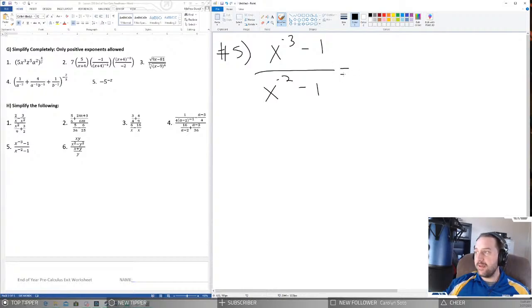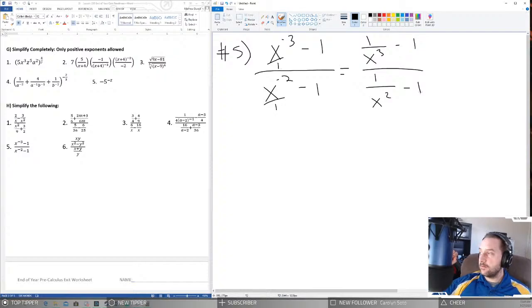So if we imagine that that is over 1, and then that is over 1, we need to first rewrite that like so. And then we can view this minus 1 as negative 1 over 1, so that we have a numerator and a denominator. And then now we can go about finding the common denominator. So then this needs an x cubed over x cubed. This needs an x squared over an x squared.